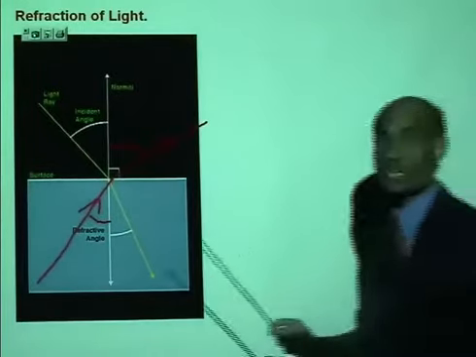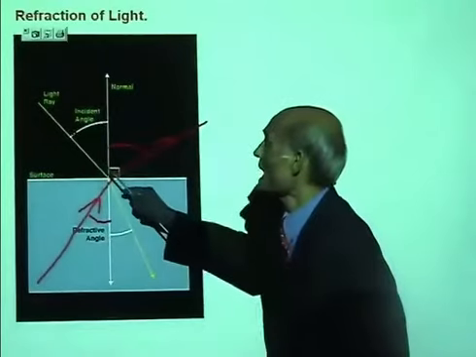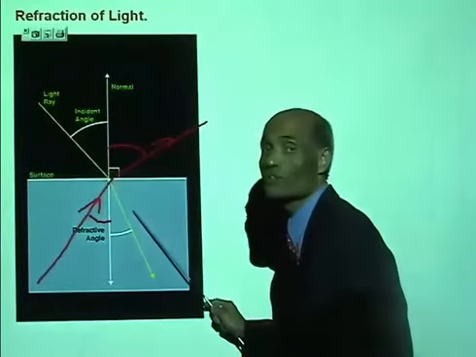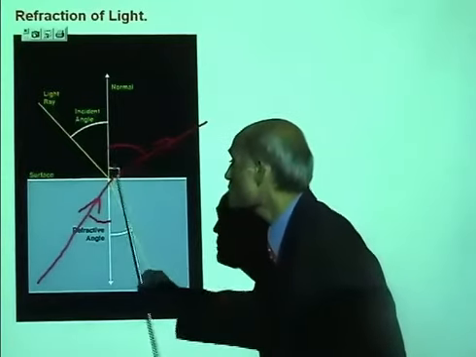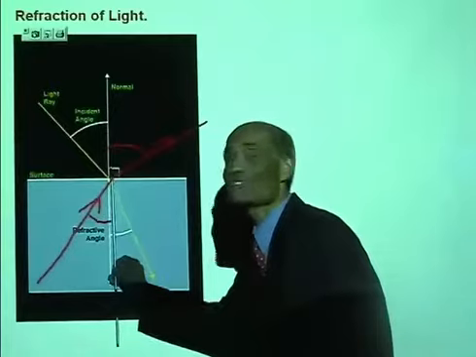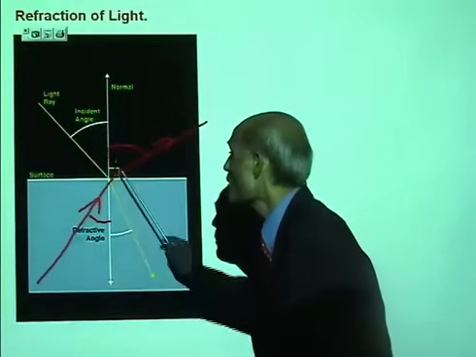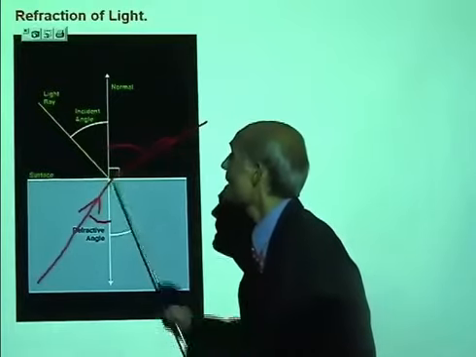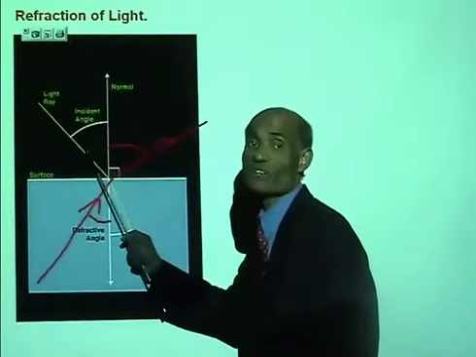I want you to understand this process. When light goes from air into glass, it bends towards the normal. You see this normal? It bends towards the normal. That means the angle of refraction is less than the angle of incidence.